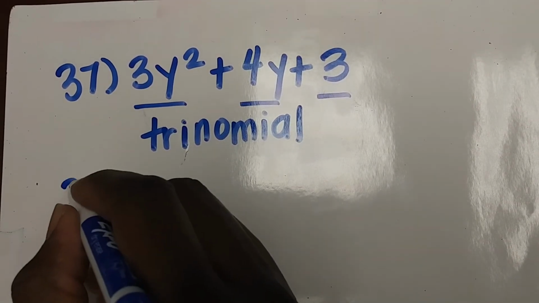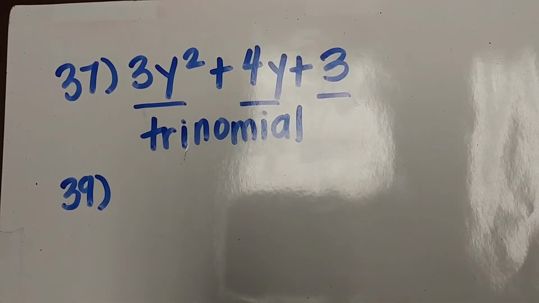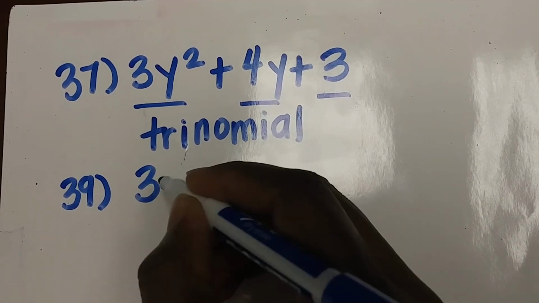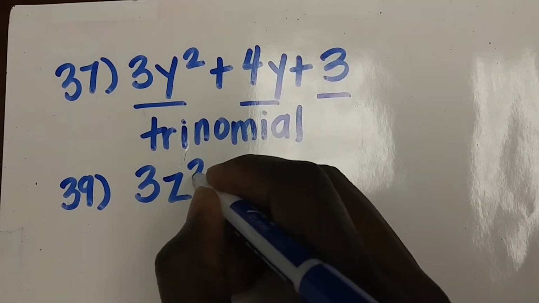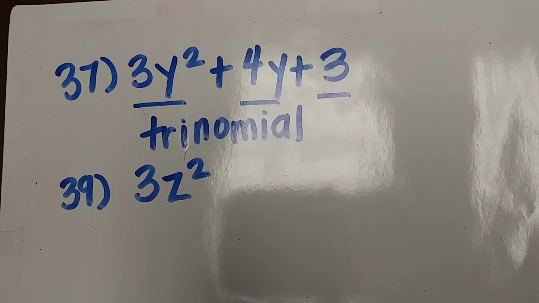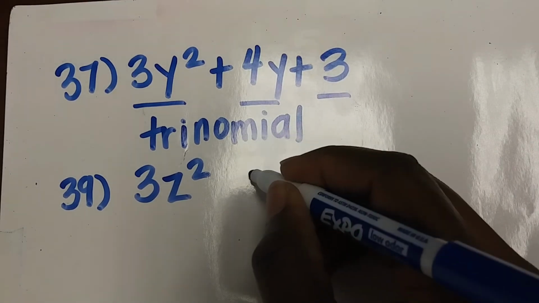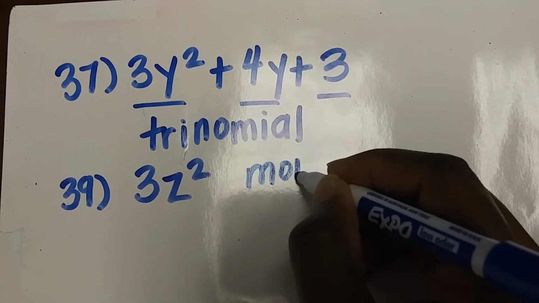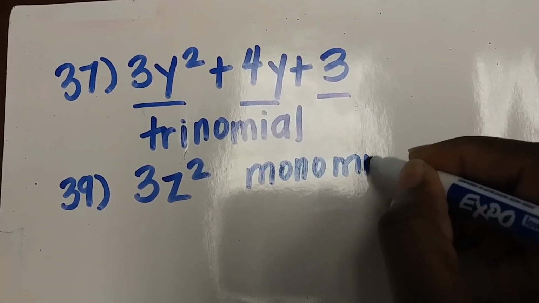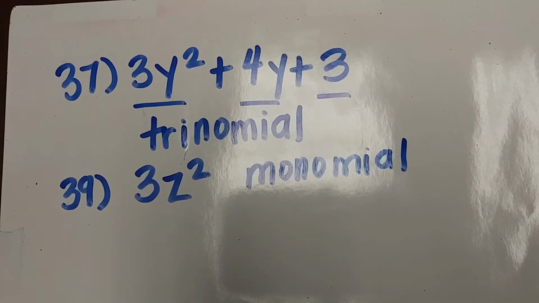Number 39, I have 3z to the second and I only see one term. I don't see it separated by addition, subtraction, equal sign, none of that. I only see one term. So this is also a polynomial, but it's a monomial because it has only one term.